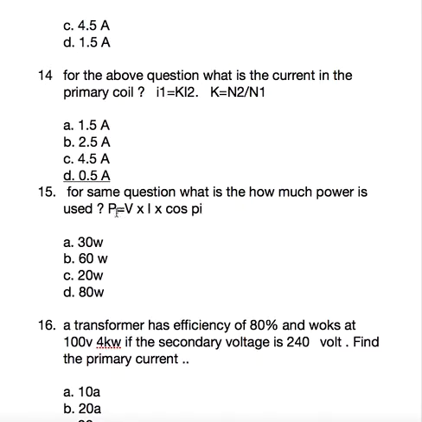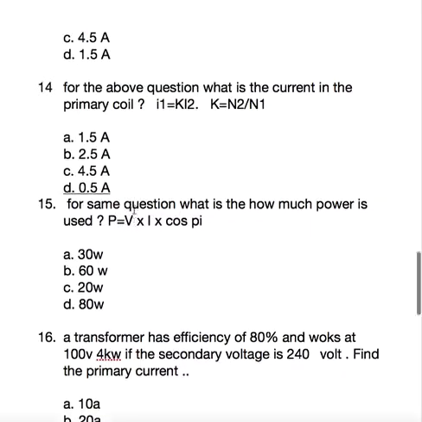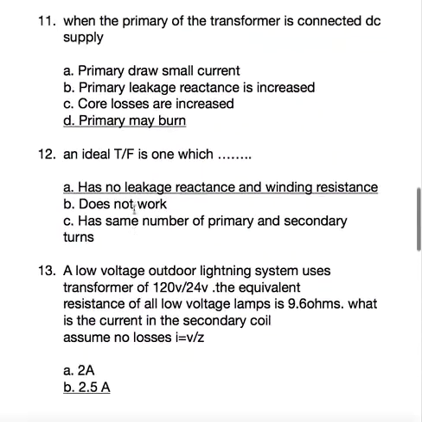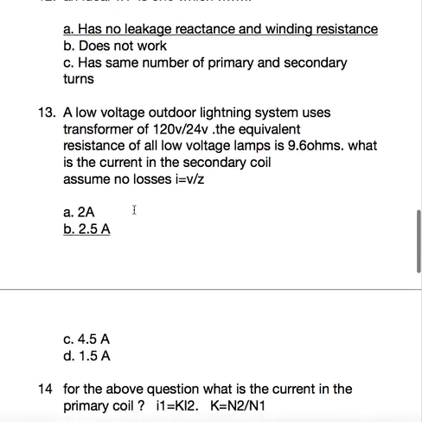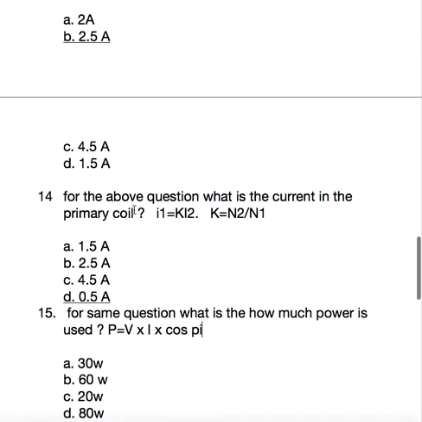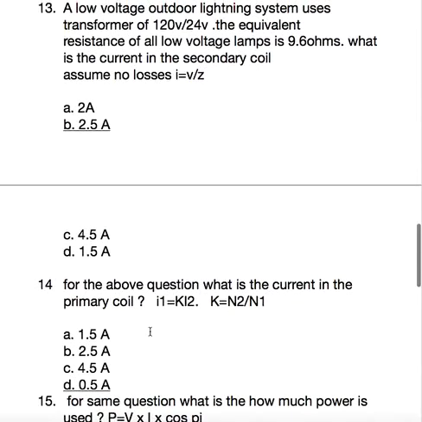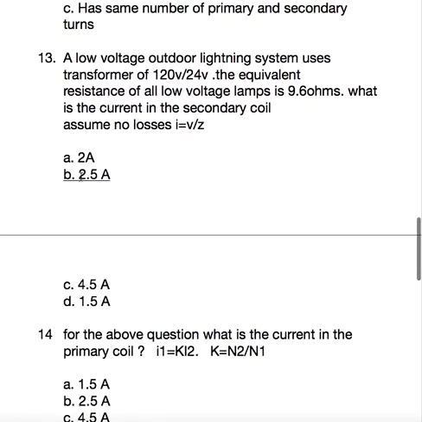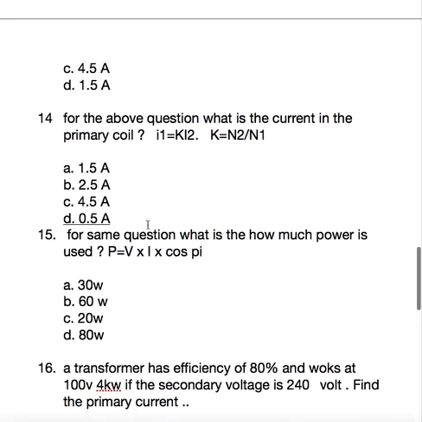So what remains to be found? P means voltage times current. The voltage is 24 volts. How much power is used on the secondary side? 24 into the secondary current, which in question 13 we found to be 2.5. 24 into 2.5 means twice of 24 is 48, plus 12, which we get 60.